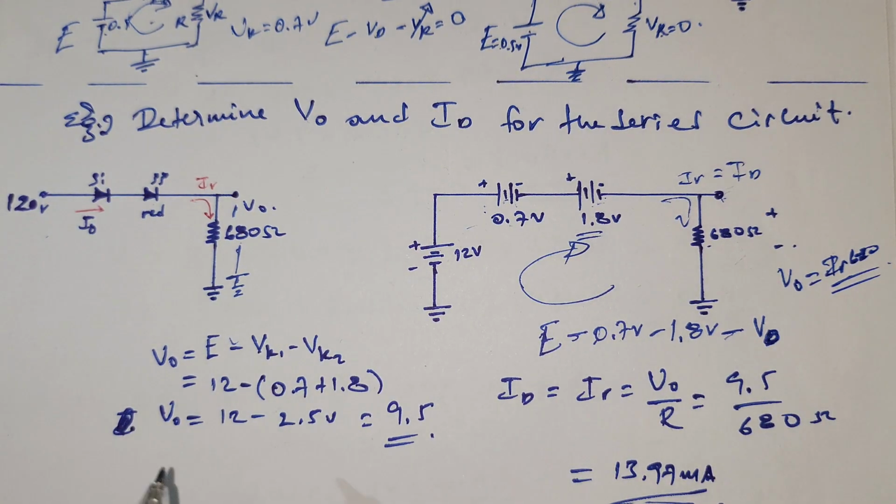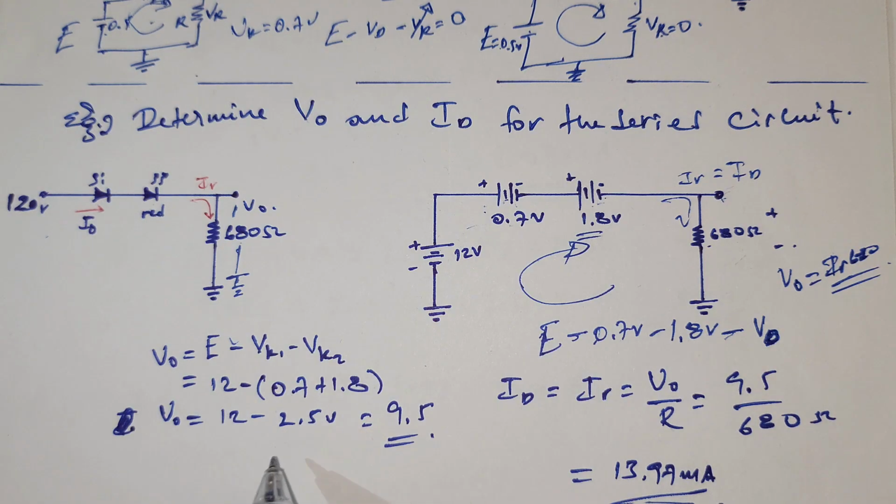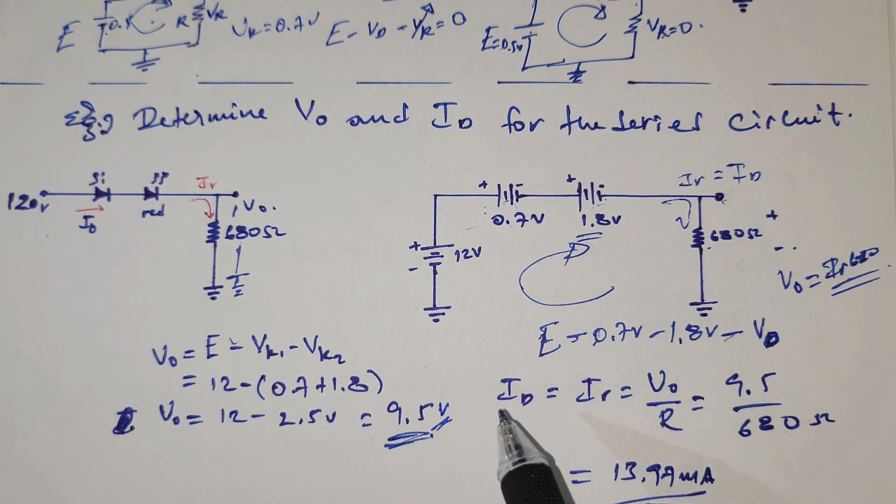Rearranging the terms, we have V output equal to E minus VK1 minus VK2, where VK1 is 0.7 and VK2 is 1.8. So the V output is 9.5 volt. Once we calculate the V output, we can simply calculate ID.